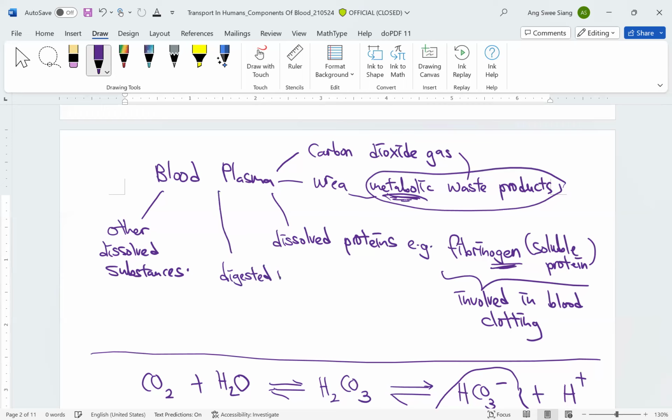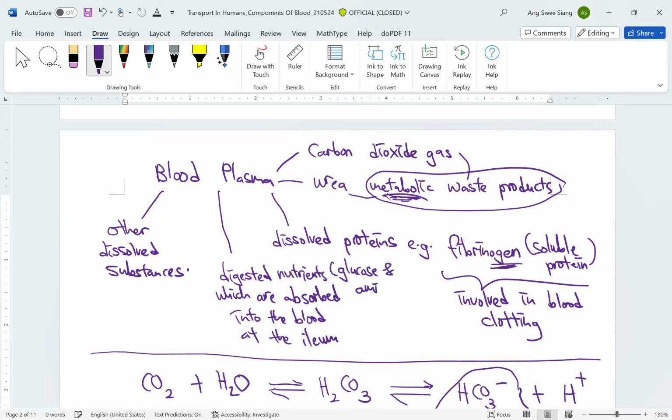Okay, digested nutrients which are absorbed into the blood at the ileum. So these digested nutrients, they are the glucose and amino acid.